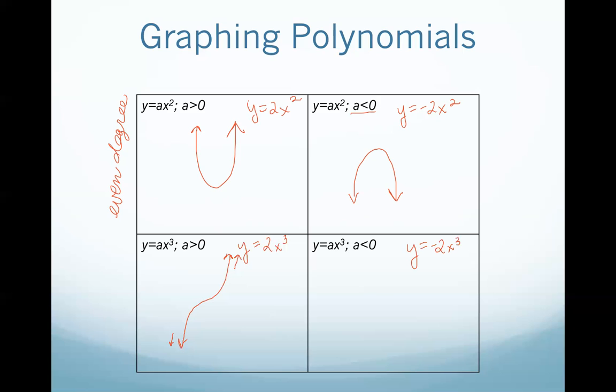Well, just like before, instead of pointing up, the side that pointed up is going to point down, and the side that pointed down is now going to point up. So what we have is the opposite disco. And that's going to be true for any odd degree. X to the 5th, x to the 7th.